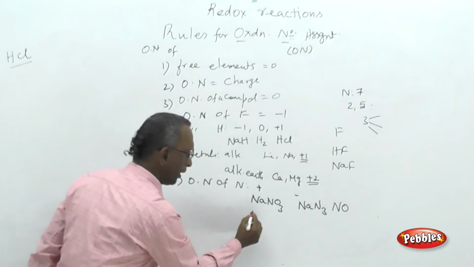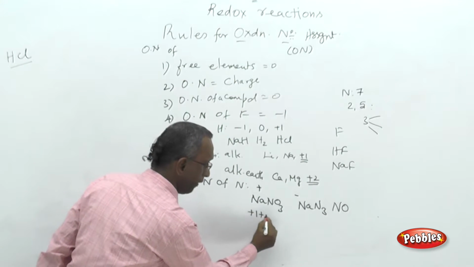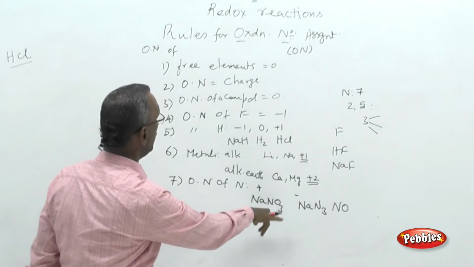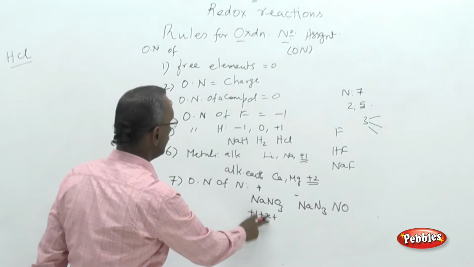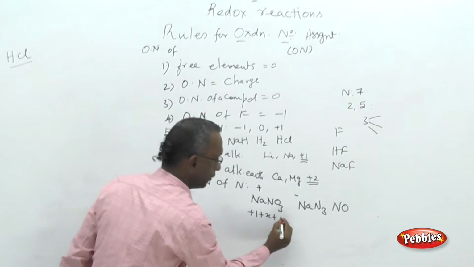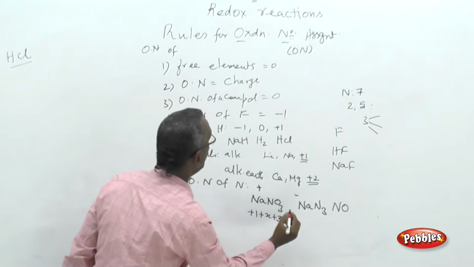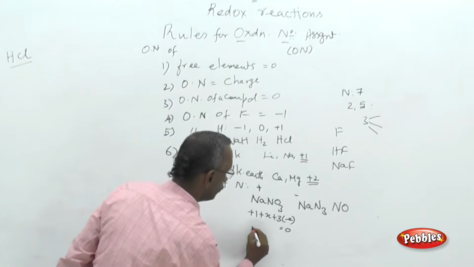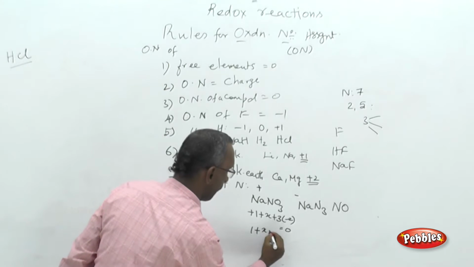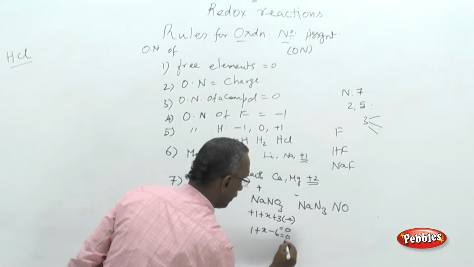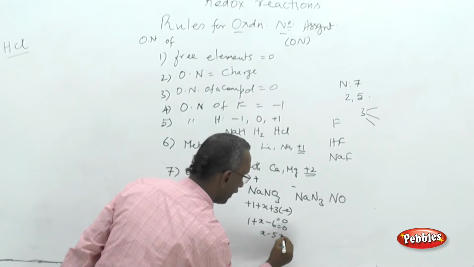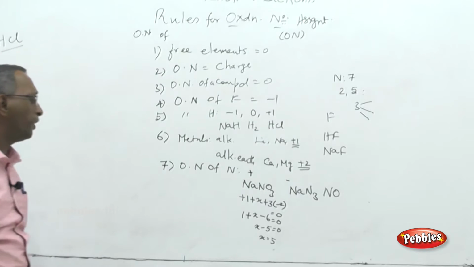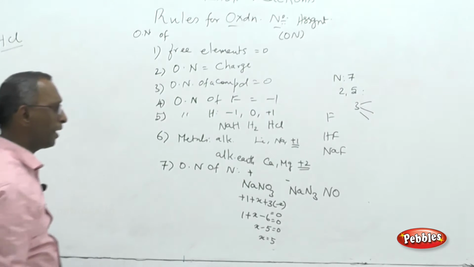So here sodium is +1, nitrogen we don't know, X. So let us calculate the oxidation state of nitrogen based on these rules. 3 into oxygen, which is -2, equal to 0. So 1 plus X minus 6 equal to 0, or X minus 5 equal to 0, X equal to 5. So the oxidation state of nitrogen in sodium nitrate is +5.